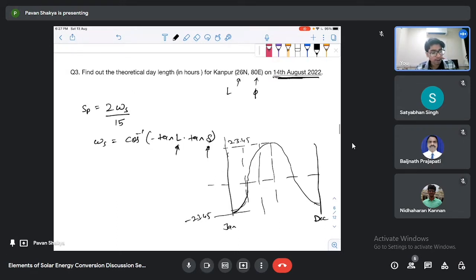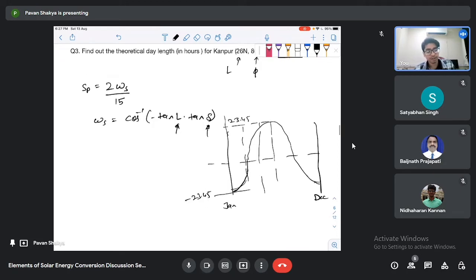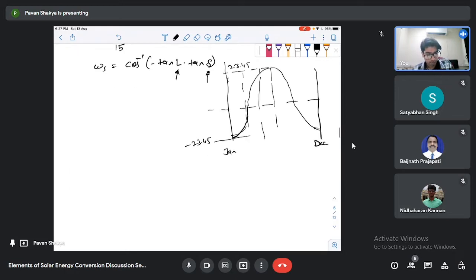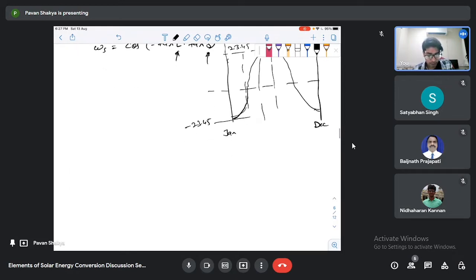So now our task is to calculate this declination angle on 14th August. For 14th August, first we have to calculate the value of n. So January, February, March, up to August, 14th August.